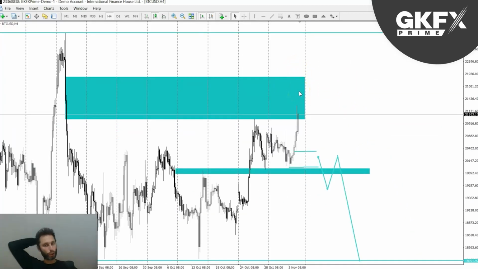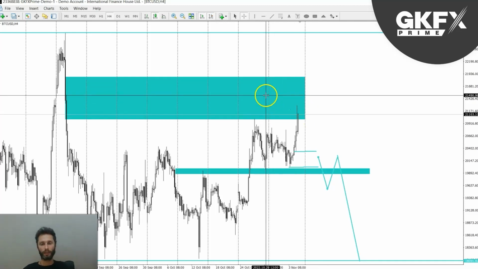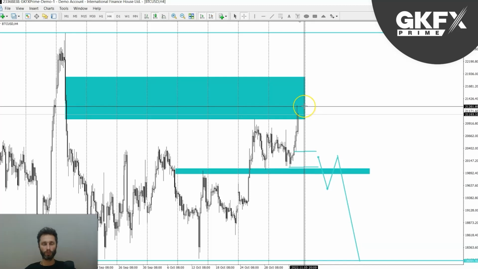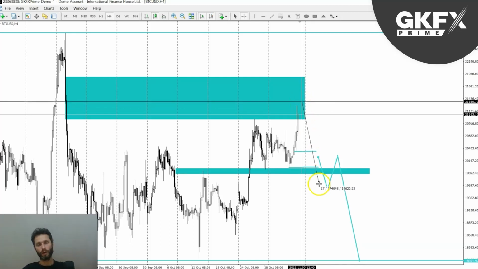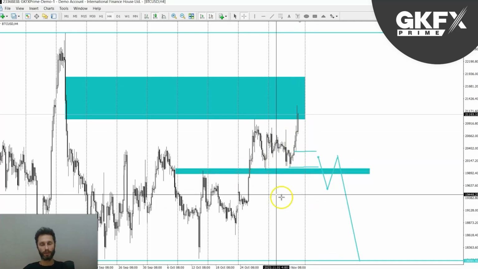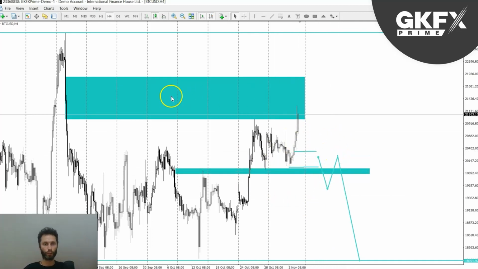So not going to assume that this is a high. That will be a low probability scenario. I'm just going to wait for the market to tell us what it wants to do, and then once it breaches these lows, if it does that, then I'll be looking for that short idea.